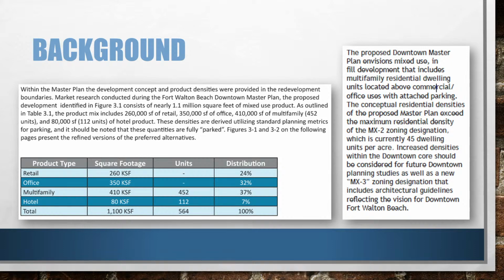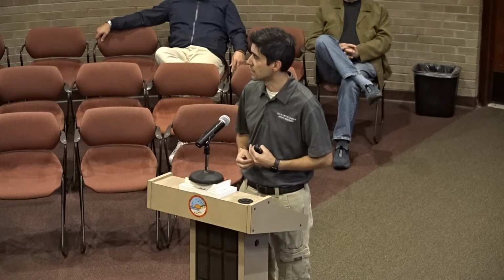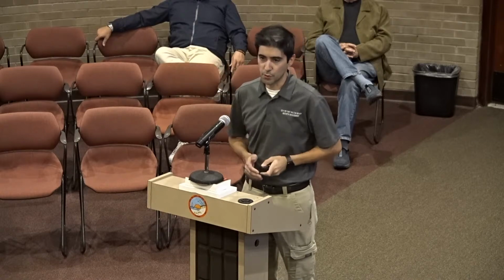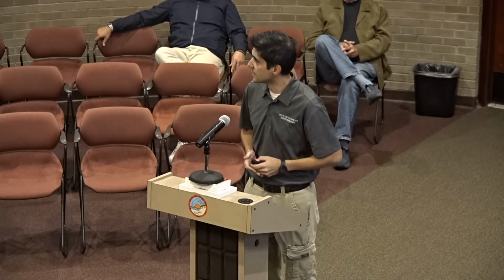So what we did, me and my staff, we looked at those numbers, we calculated the square footage or the acreage of the properties downtown, we looked at the different sub-areas, sub-districts within downtown, and came up with some dwelling unit per acre numbers that would accomplish and reach the goals within here, and that's what I'm going to present tonight.